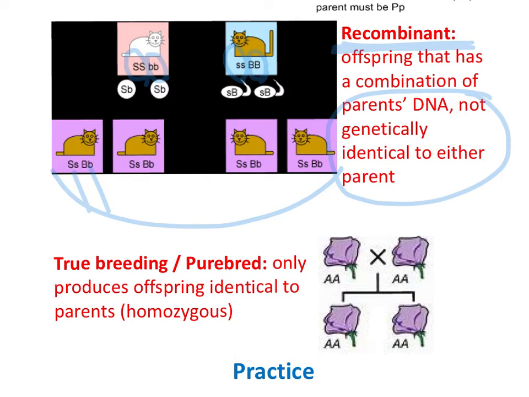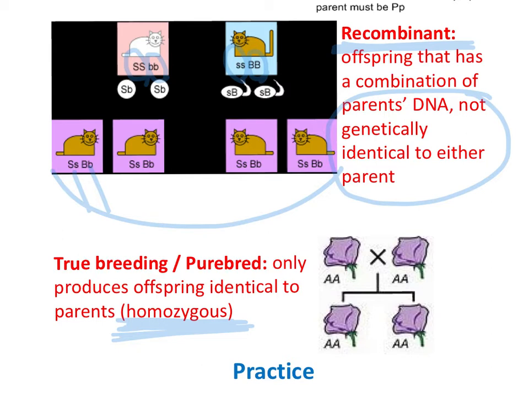True breeding is in some ways the opposite. A true breeding organism will only produce offspring that's identical to the parent. If I say that an organism is true breeding, that means that they are homozygous. They could be homozygous dominant, or they could be homozygous recessive.